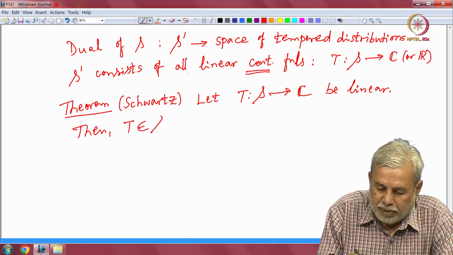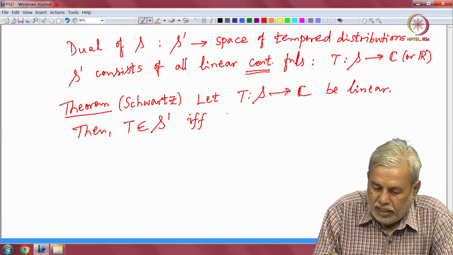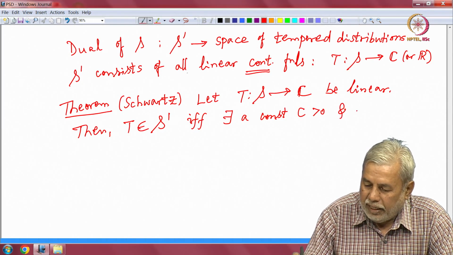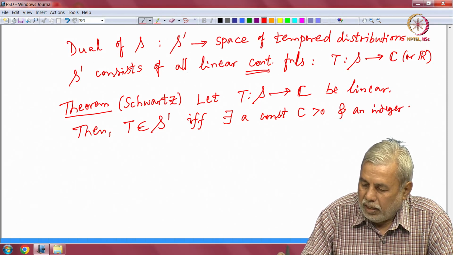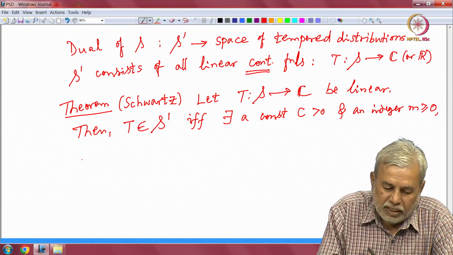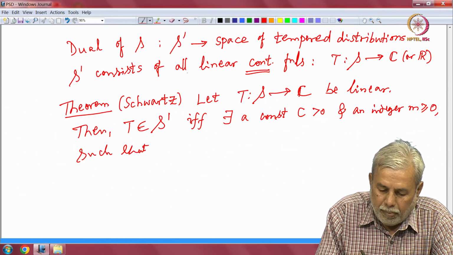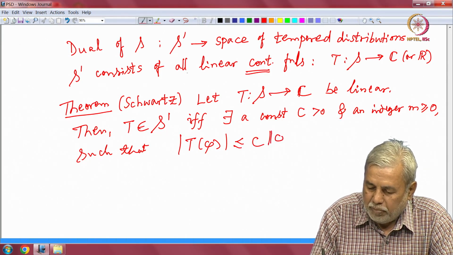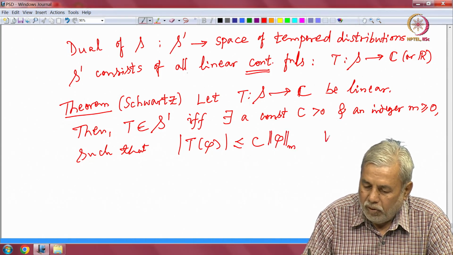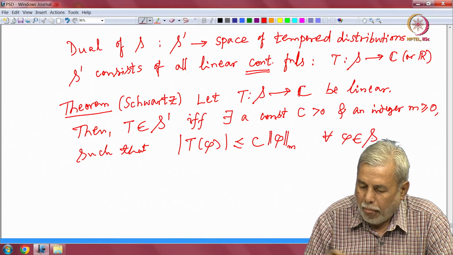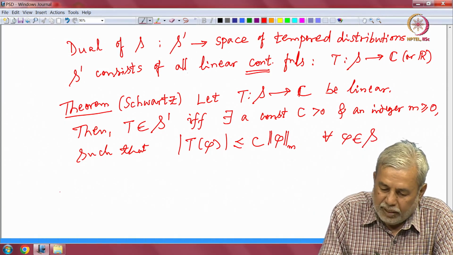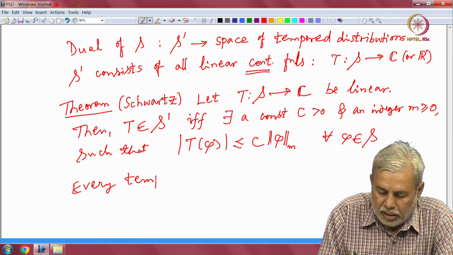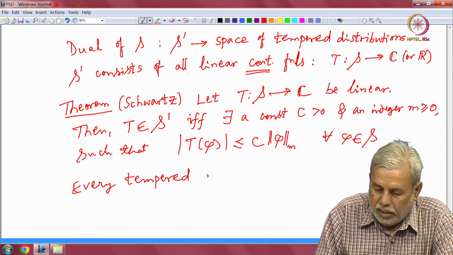T is in S prime if and only if there exists a constant C positive and an integer M, also including 0, such that |T of phi| is less than or equal to C times P M of phi, for all phi in S. That way every tempered distribution is of finite order.